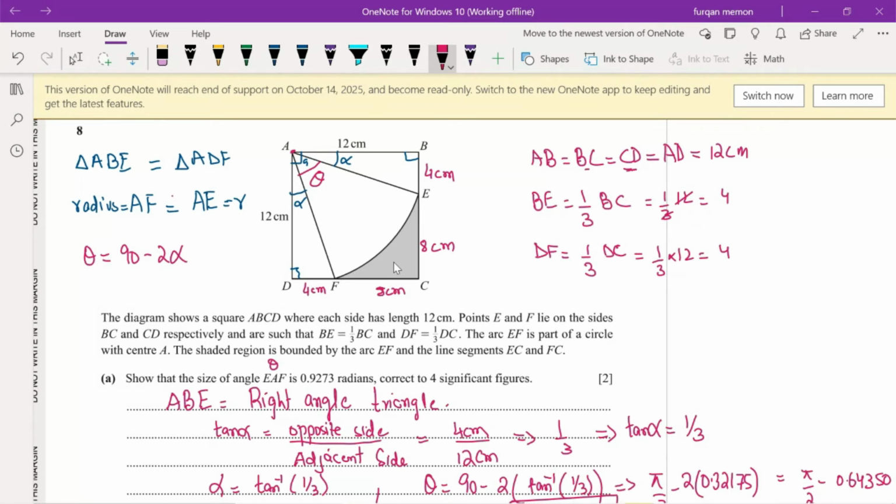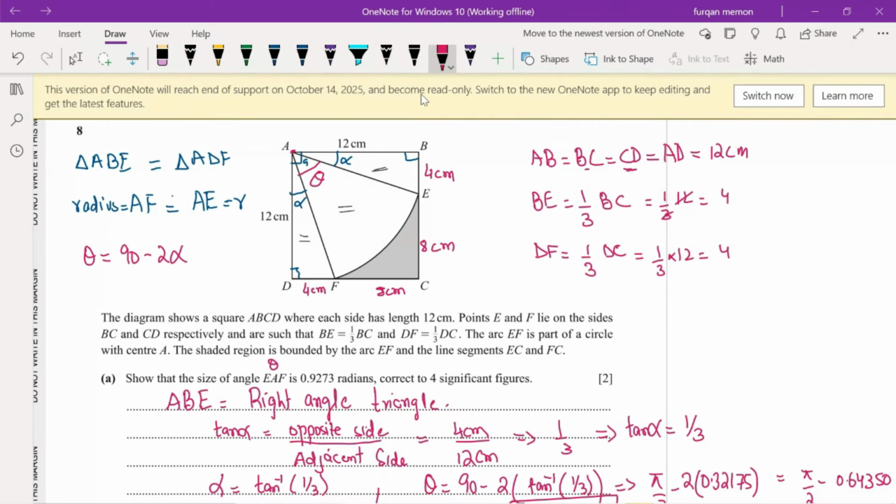To find the area of the shaded region, we will use the approach in which we first calculate the area of the square ABCD and then subtract the area of ABE, this one, and then the area of this sector which is AEF, and then we will subtract the area of AFD, this triangle, from the area of square ABCD to get the area of this shaded region.